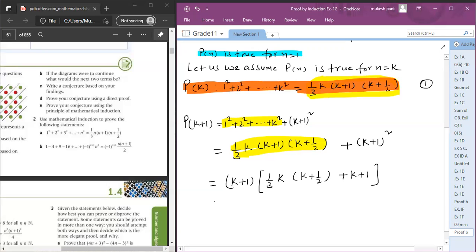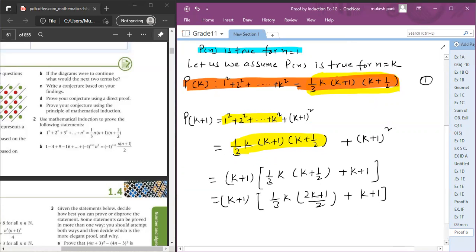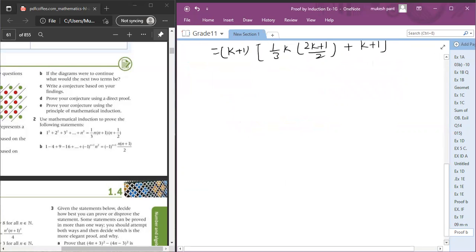Okay. Yes, sir. So now, to simplify, 1 over 3, k, this I can write as (2k plus 1) over 2. This I can write as (2k plus 1) over 2 plus k plus 1. Now, wait a moment, I will simplify it more.